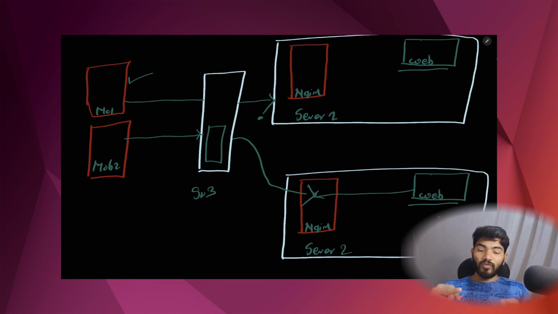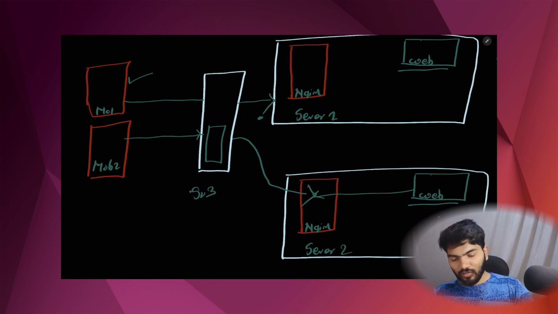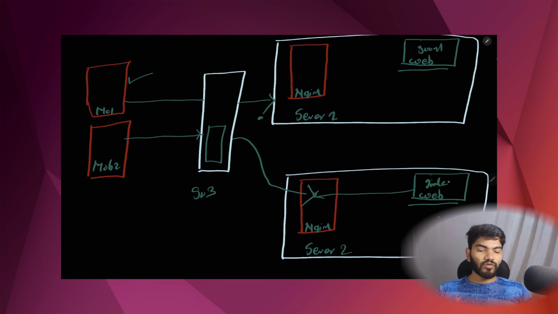Here is google.com, and here is also google.com. Whatever is coming from India will be transferred to server 2, and whatever is coming from China can be transferred to server 1. We call this a region-specific load balancer.